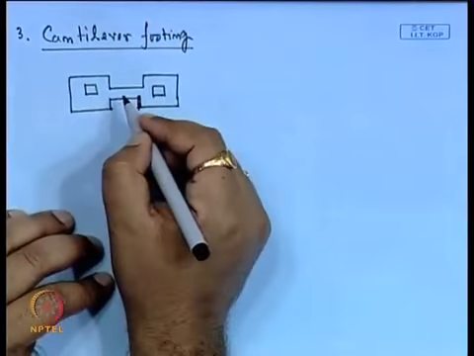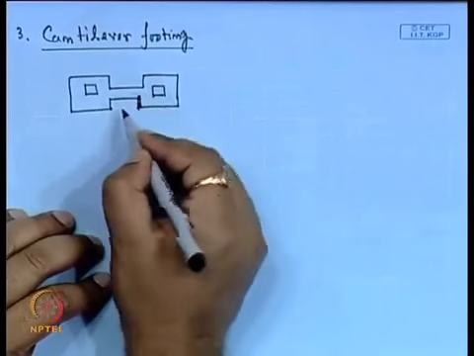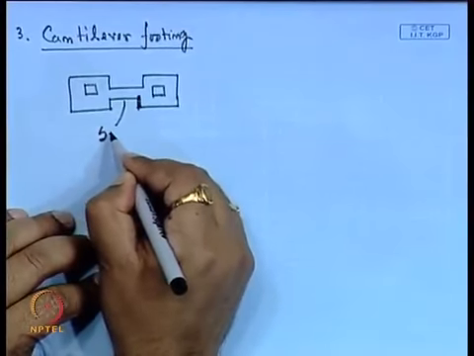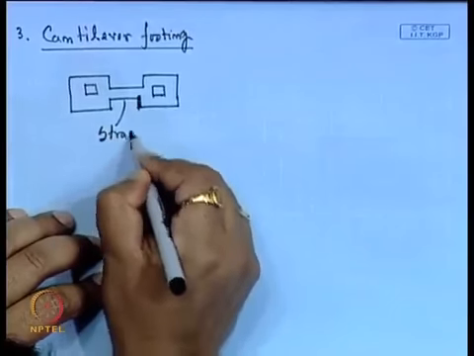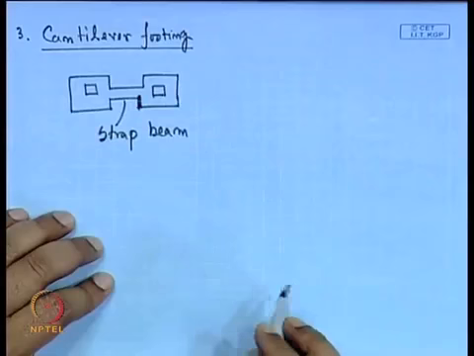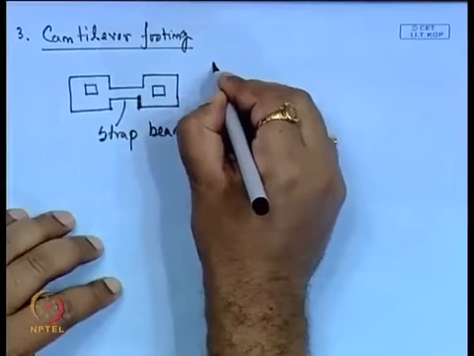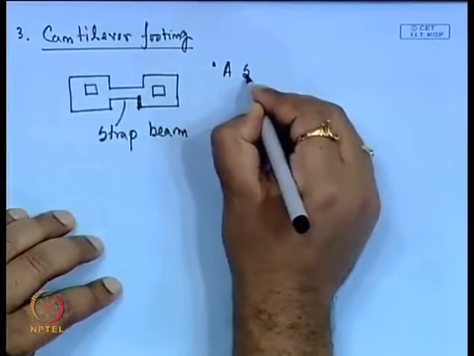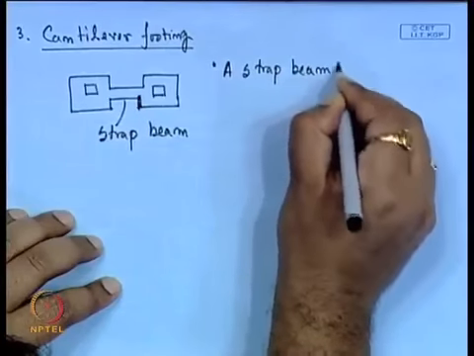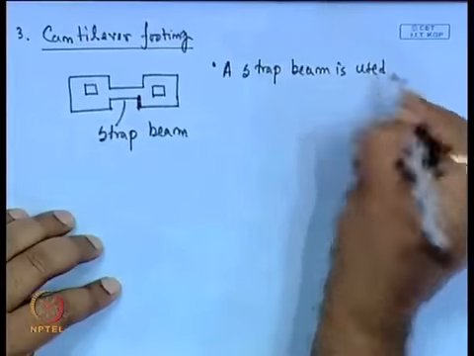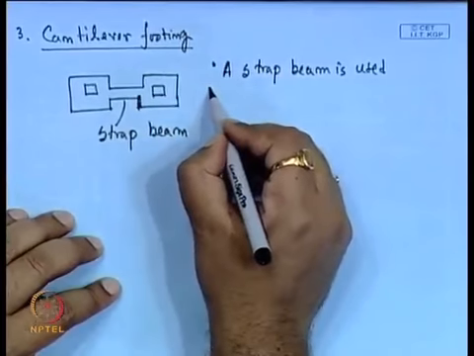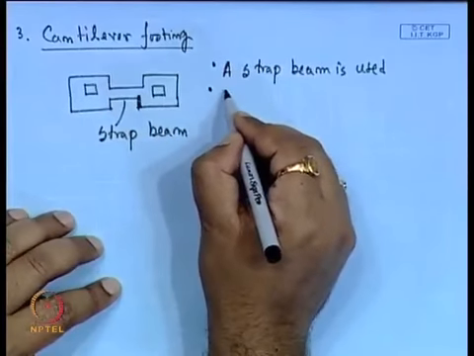That means, these are the columns which are attached by one strap beam. This strap beam we will use to attach these two columns. So, one condition, this one strap beam is used to connect these columns.